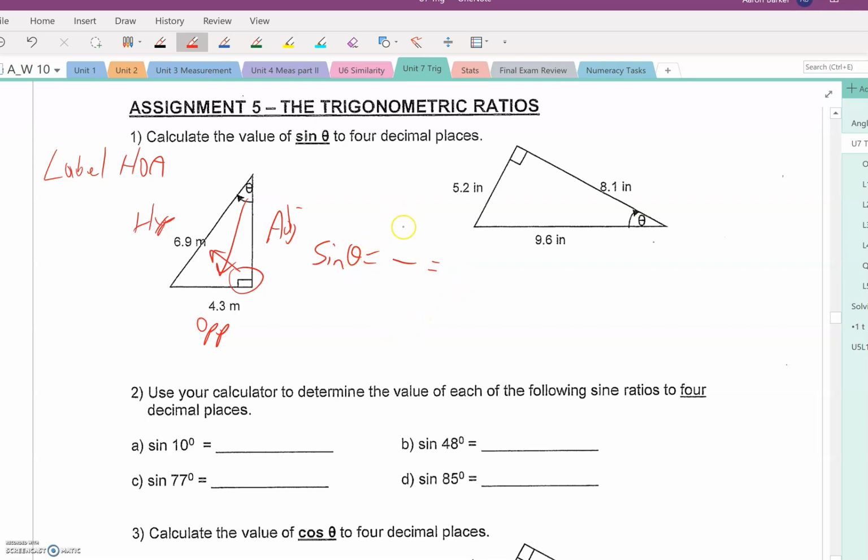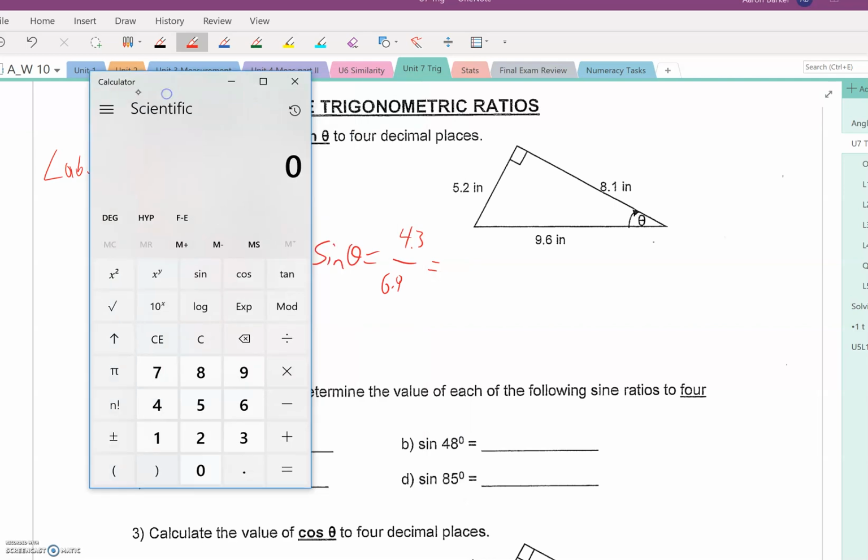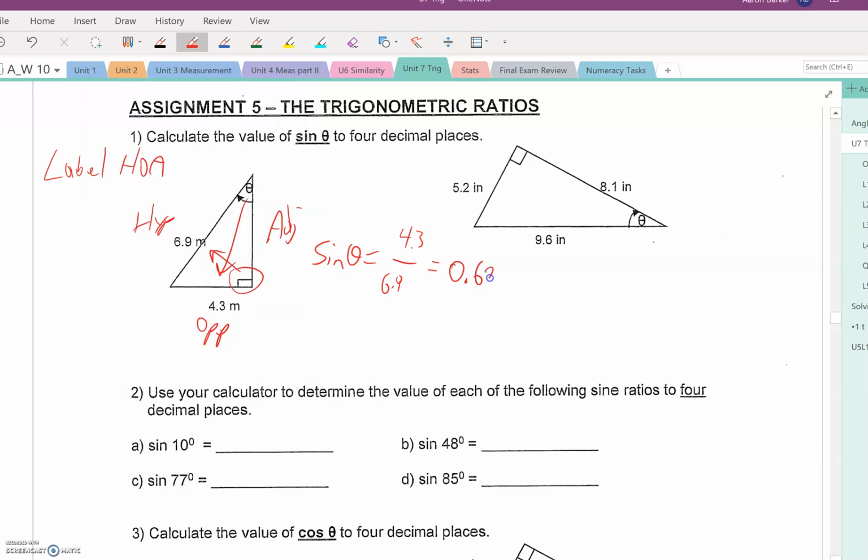The fraction would be 4.3 over 6.9. I go to my calculator and I simply go 4.3 divided by 6.9, and I get 0.6231. And if you rounded that to a 2, that's fine.